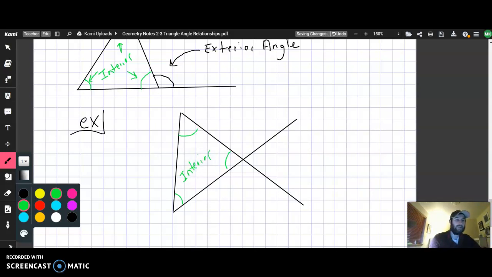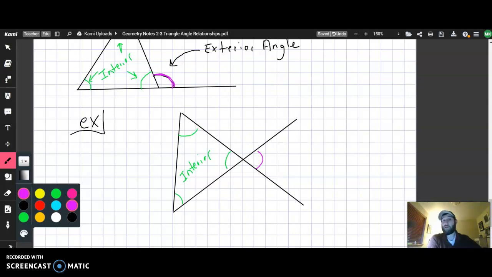We have our exterior angle, and I'm going to emphasize it with purple because who doesn't love purple? Go Rams. Now, the exterior angle, like I said earlier, was the extension of a side. When we look at this diagram, we might be tempted to identify this as our exterior angle, but unfortunately, that is not the exterior angle.